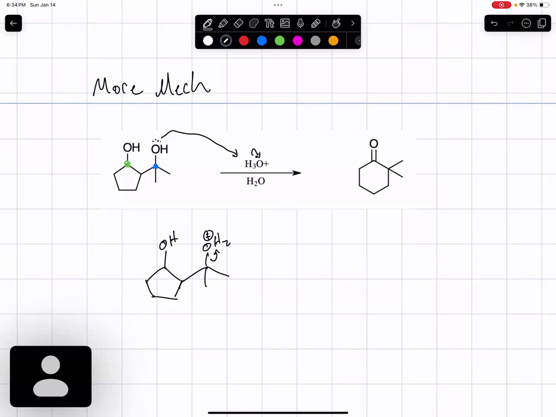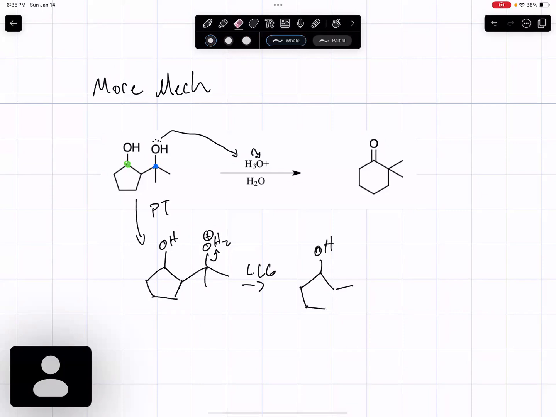So this first step was a proton transfer, PT, then water leaves, loss of a leaving group. So now this is the molecule that we're forming. Okay, so now we get this positively charged carbocation.